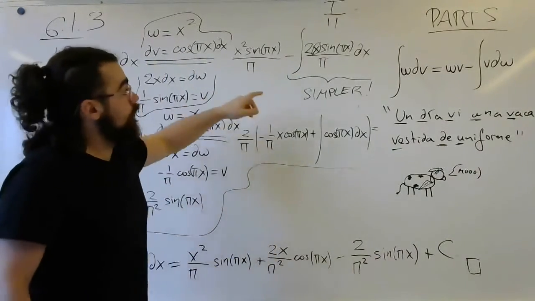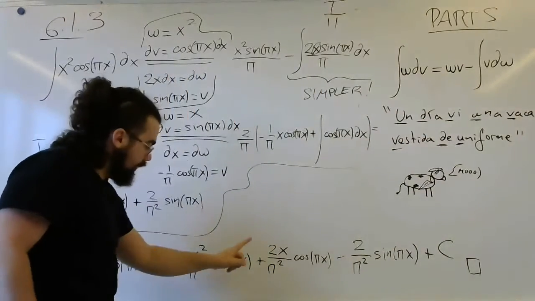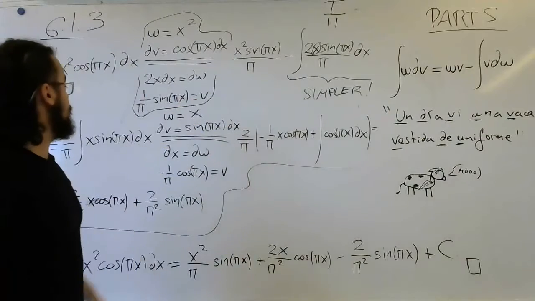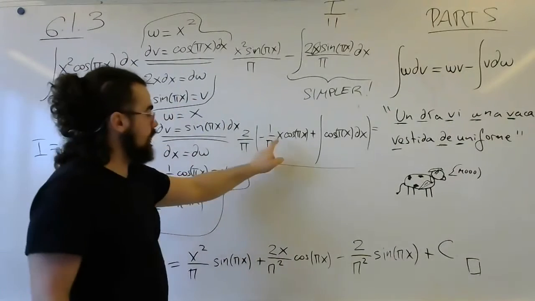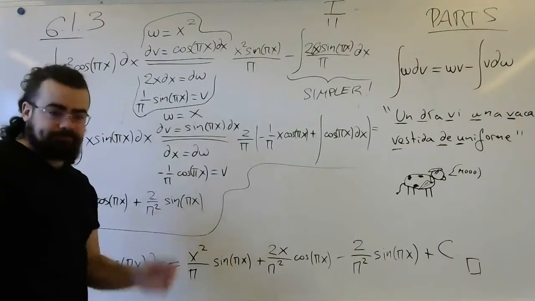Each time you do WV, a monomial on x comes out. In this case, x squared over pi. In this second case, 2x over pi. So this looks pretty good. Like, pretty good, honestly.